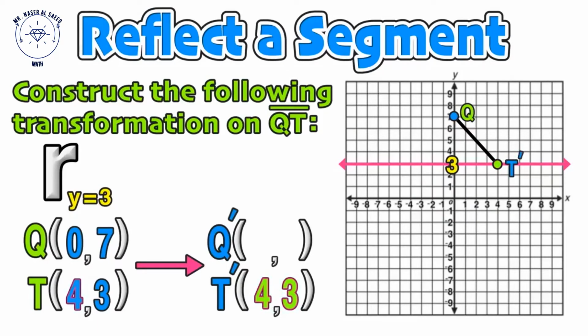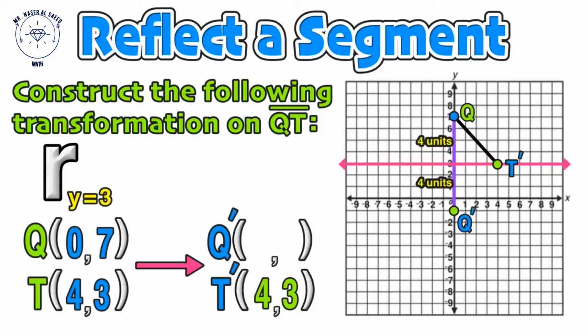A point directly on the line of symmetry will stay on the line of symmetry, so T prime will have the same coordinates as T at (4, 3).